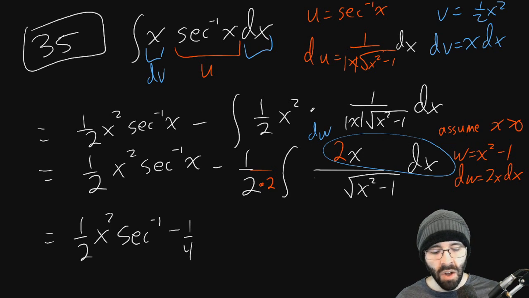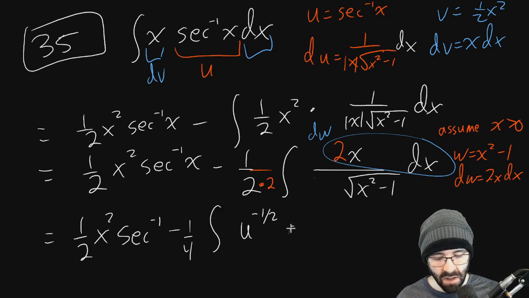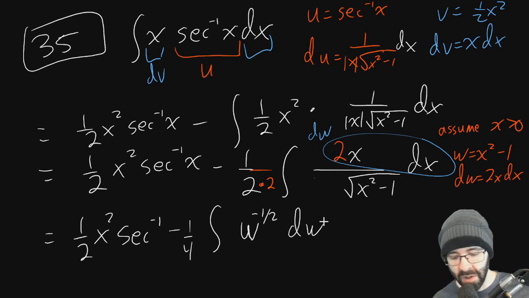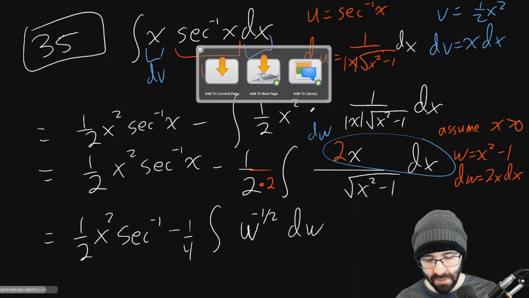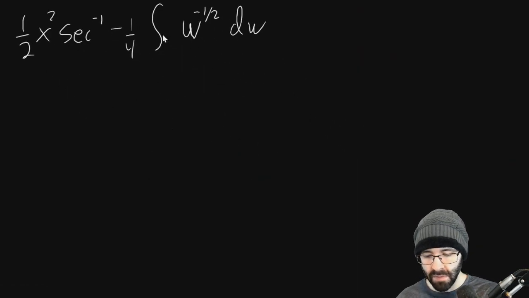And we're left with 1 over the square root of, sorry, 1 over the square root of w, dw, and we can just use the power rule. All right, so when we do that, again, this first thing just stays the same.